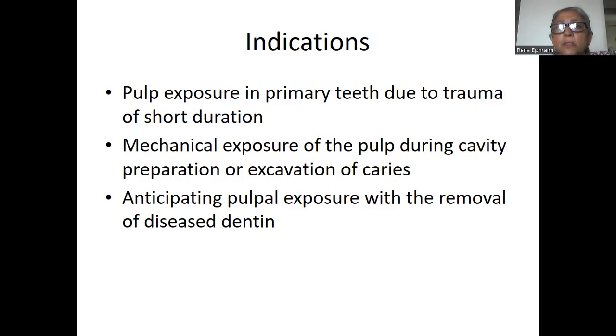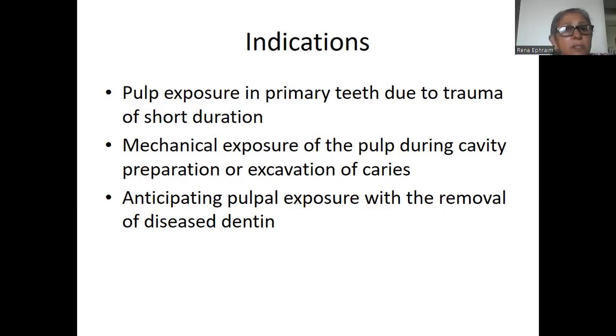Now, the pulp should be devoid of infection when you are thinking of a pulpotomy procedure, because if it is a deep cavity and there is an anticipated pulpal exposure, the chances are that a little bit of toxins of the bacteria would have entered into the pulp chamber.